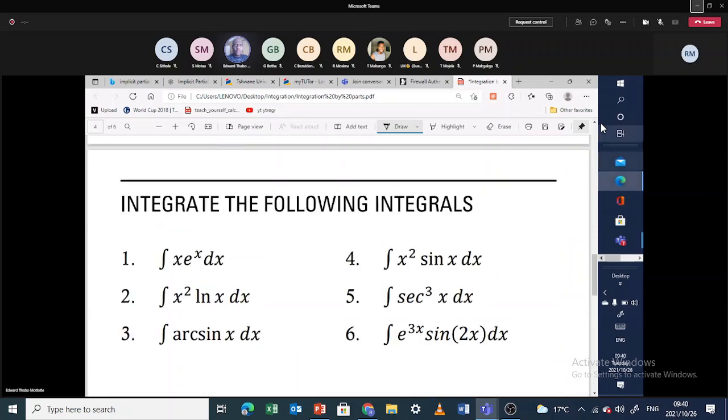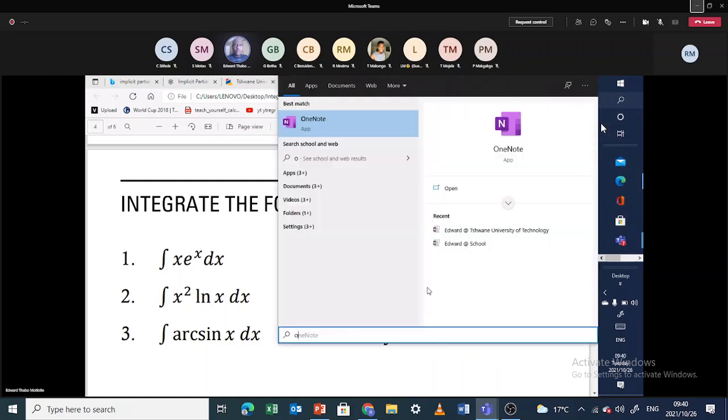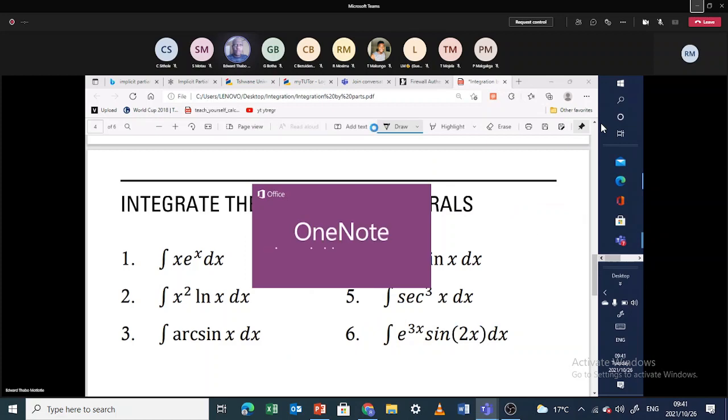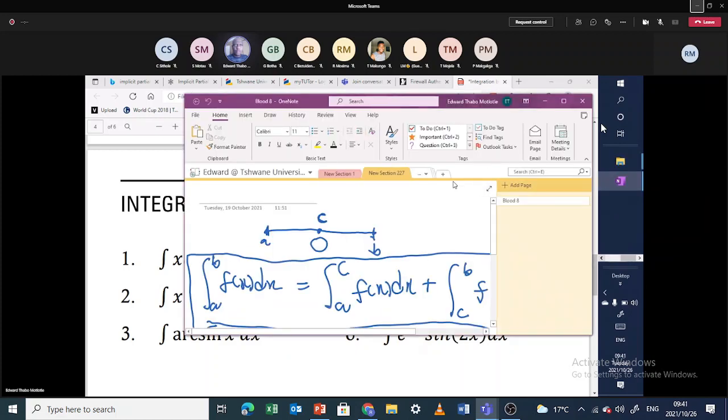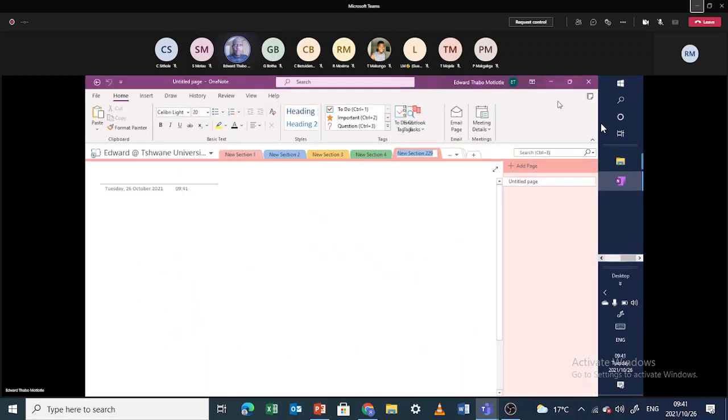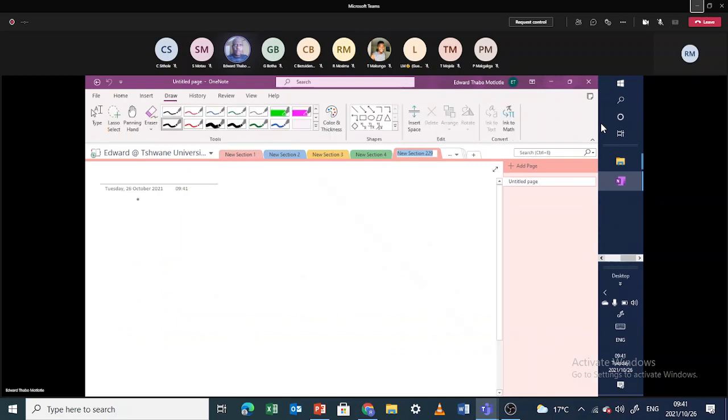Okay, now because of space, we can use OneNote. So here we are given the integral of x e to the power x dx.